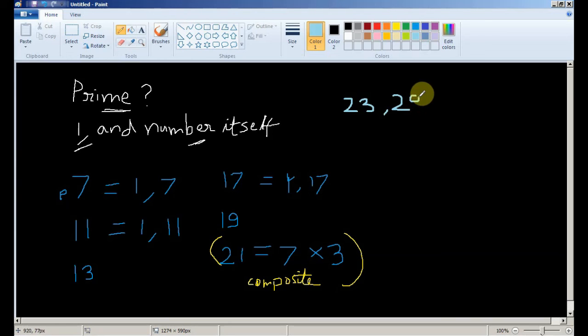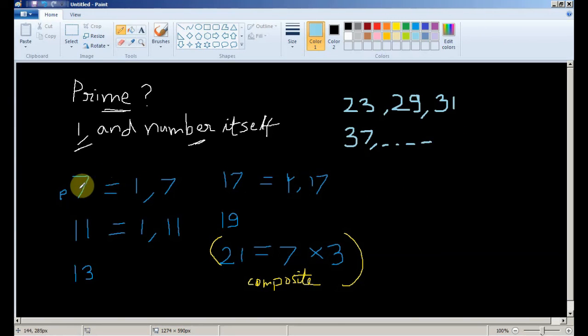What about 29? Yes, this is a prime number. 31 is a prime number. 32, 33 is divisible by 11, so it's not a prime. 34, 35, 36, 37. There are many prime numbers, but you get the idea, right?